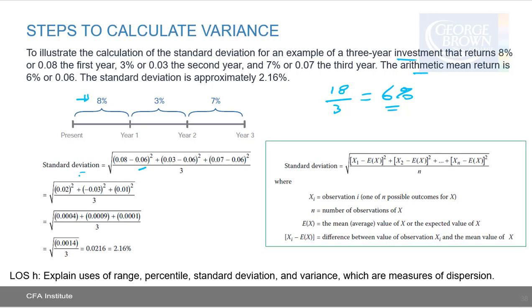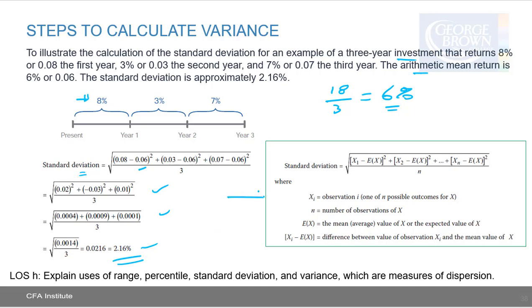Standard deviation is the square root of the variance. So what we're calculating here under the square root sign is the variance. I'm not going to bring up the calculator to go through all the steps, but you can work your way through the math, and you can see that the standard deviation is 2.16%, okay?